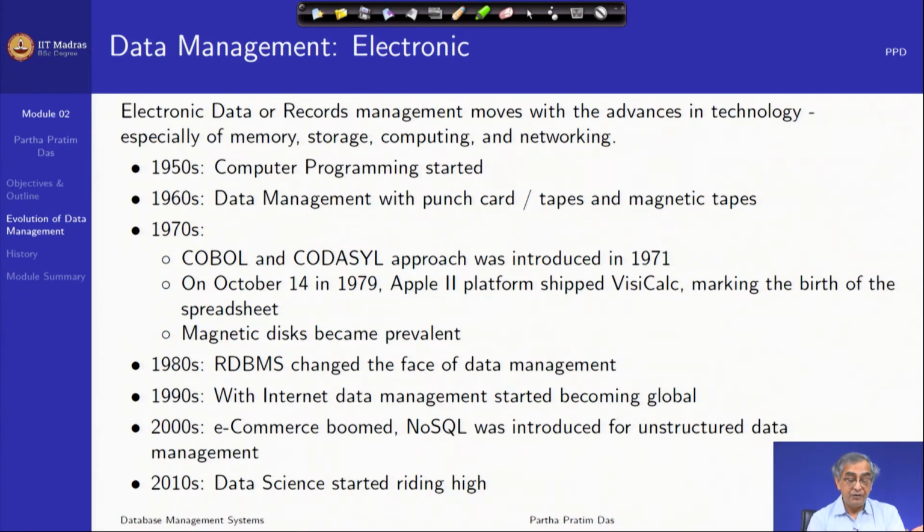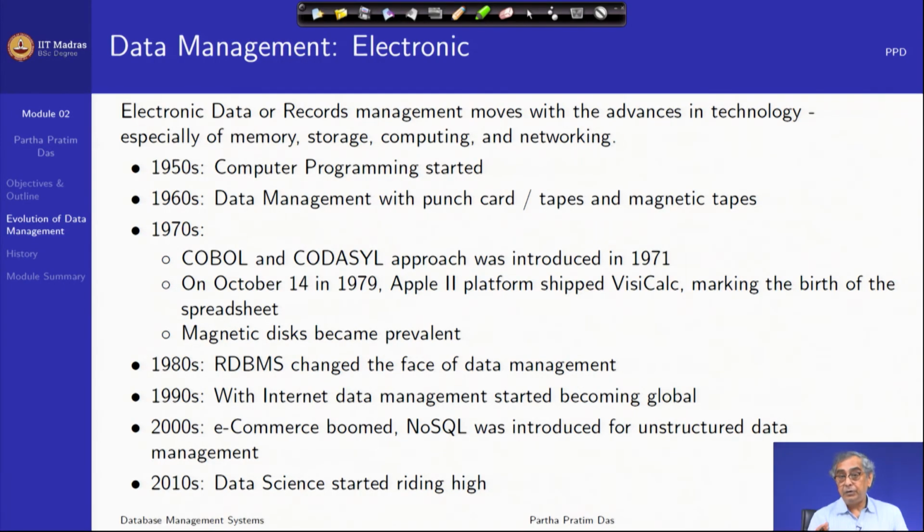Apple first introduced VisiCalc. VisiCalc is kind of the forefather or great grand forefather of our spreadsheets today, Excel or Google Sheet as we see. Magnetic disks became prevalent and so on. Then in the 80s we had relational database systems, which changed the face of data management. In the 90s the internet came in, so that started making the whole data and records management global.